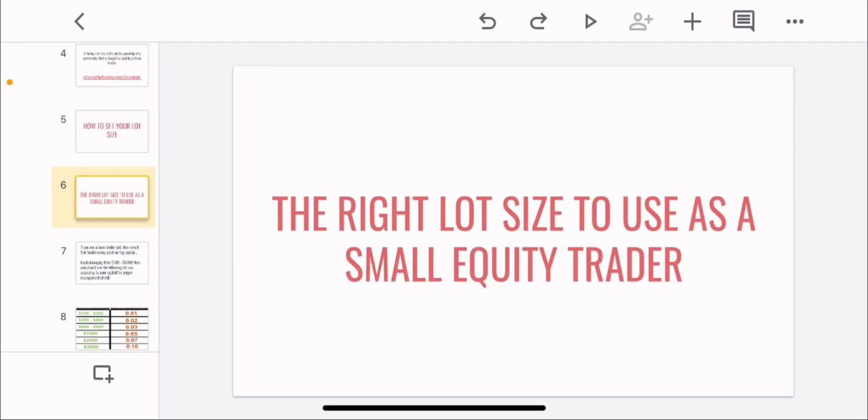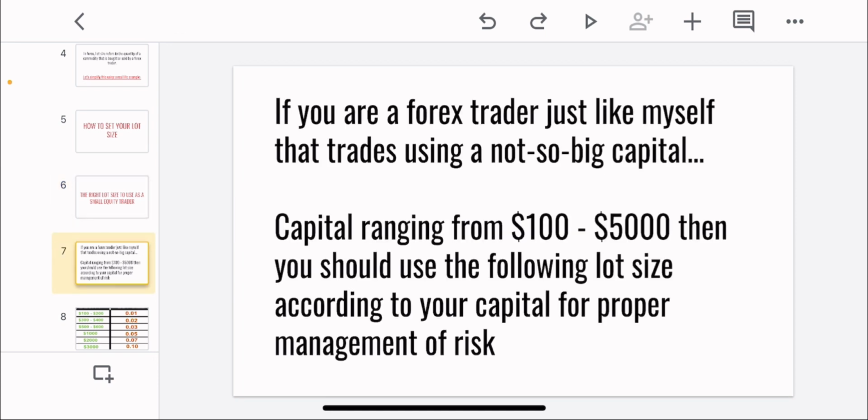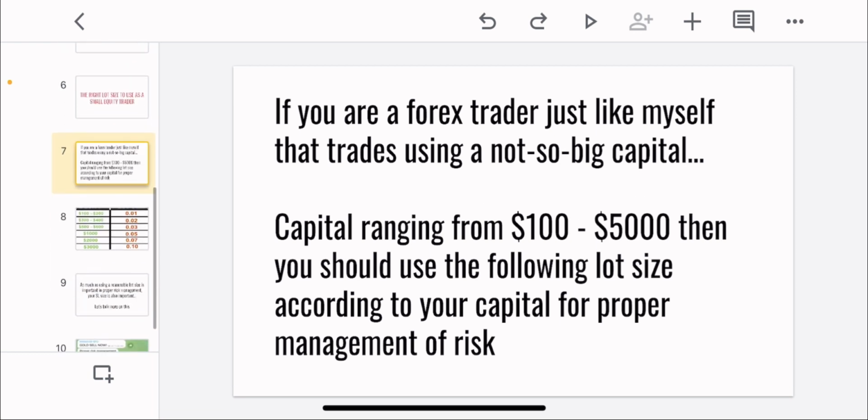All right guys, we are on to the next topic now. That is the right lot size to use as a small equity trader. If you are a forex trader just like myself that trades with a not so big capital, ranging from $100 to $5,000, then you should use the following lot size according to your capital for proper management of risks.